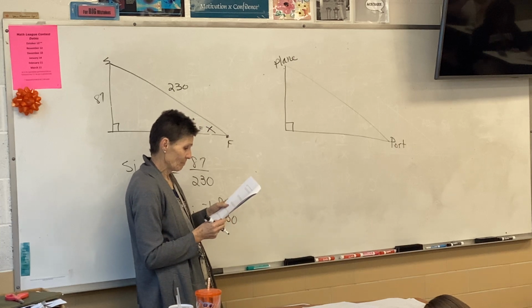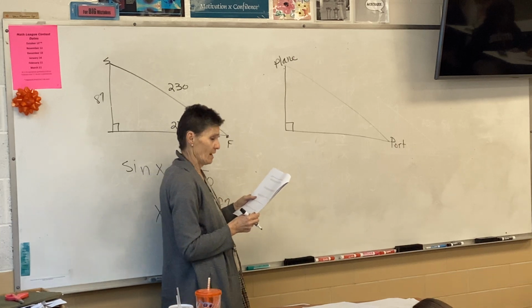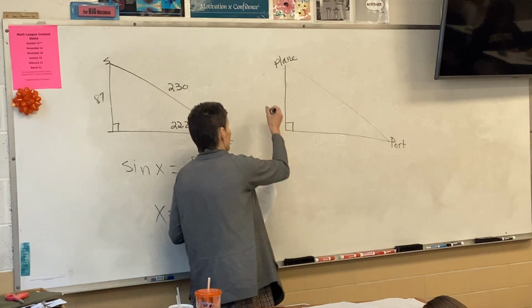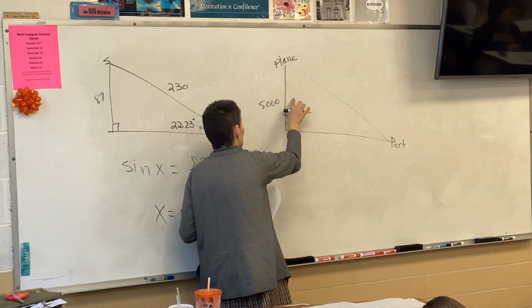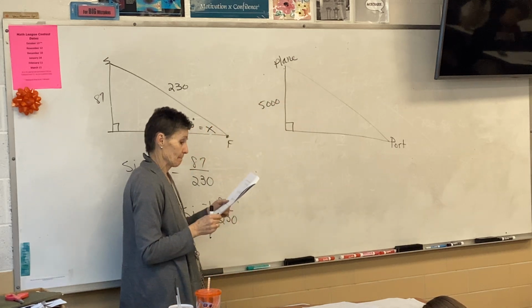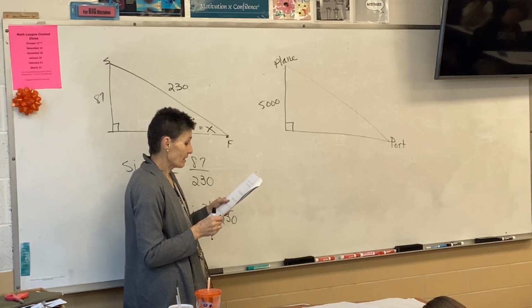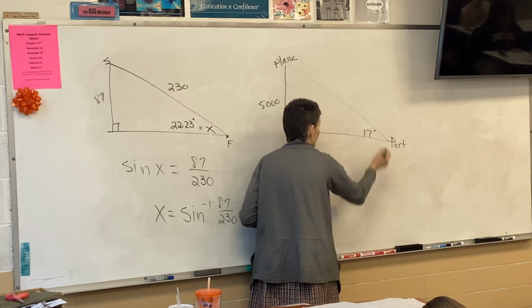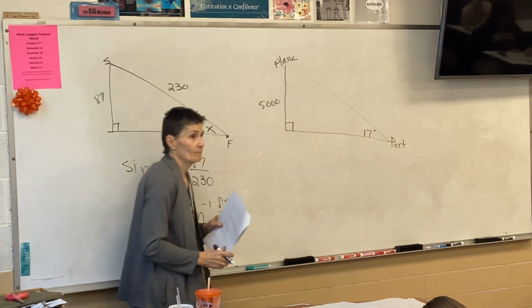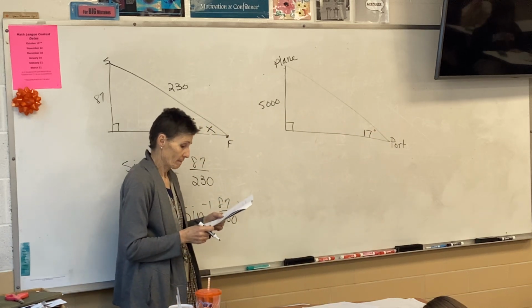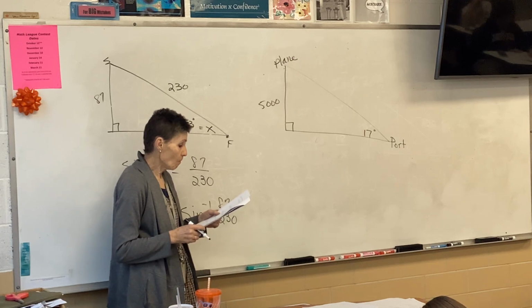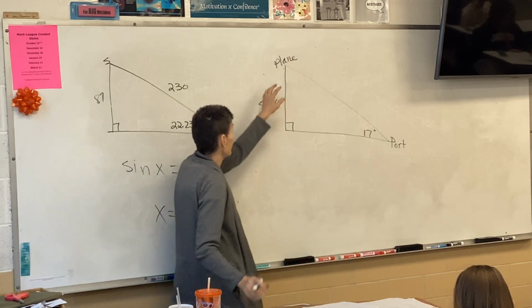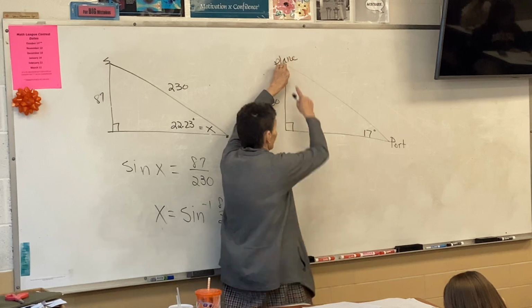The plane is 5,000 feet above the ground, so the 5,000 is opposite. The angle of depression, always right here, is 17 degrees. How far is the plane from the port?